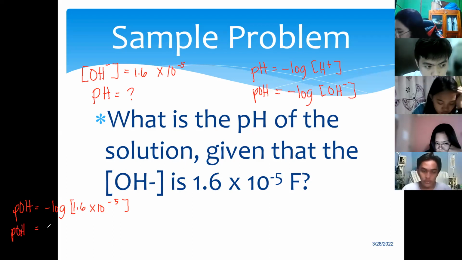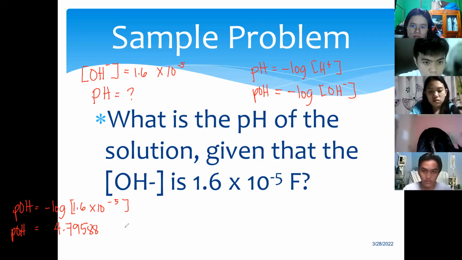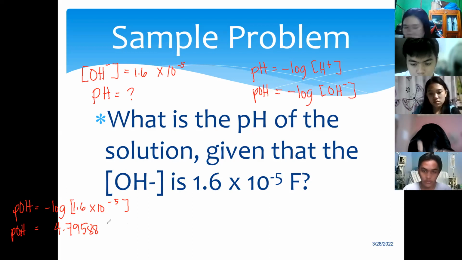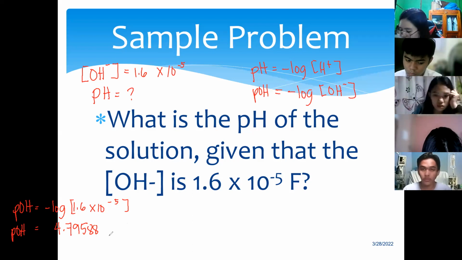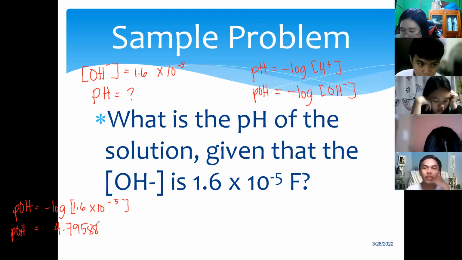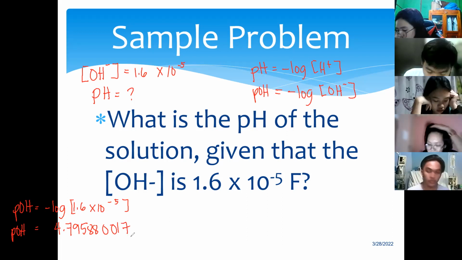The POH here is 4.795880017. I will not just round off ha, kasi I always do this when I am computing. I don't round off during the process. I round off only for the final answer na siya.